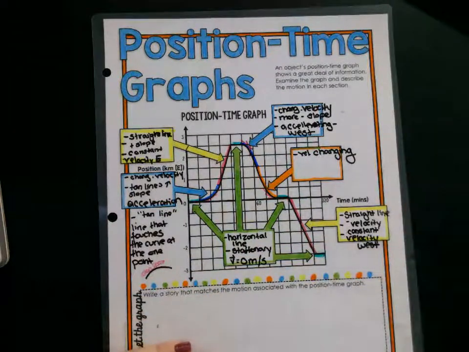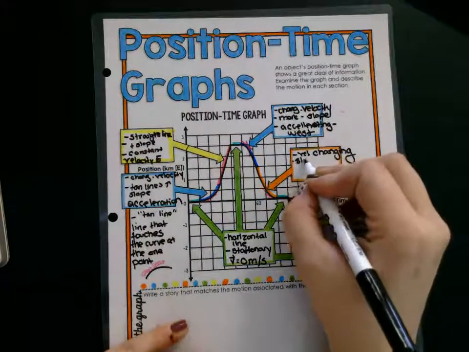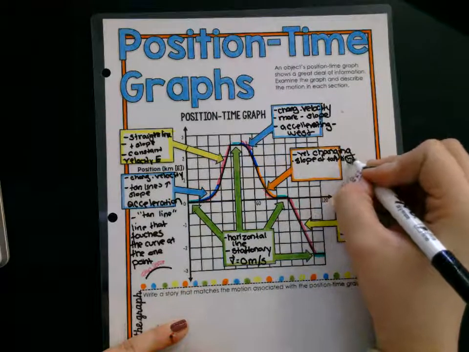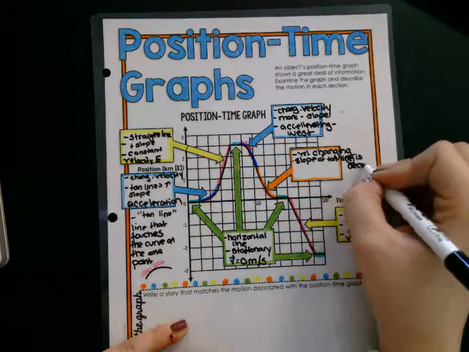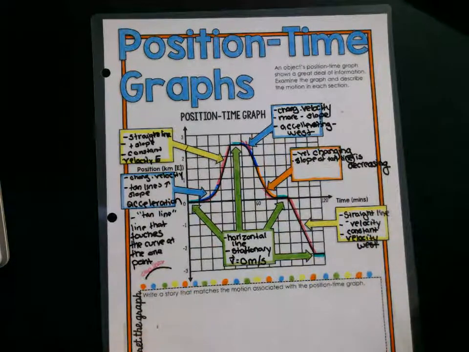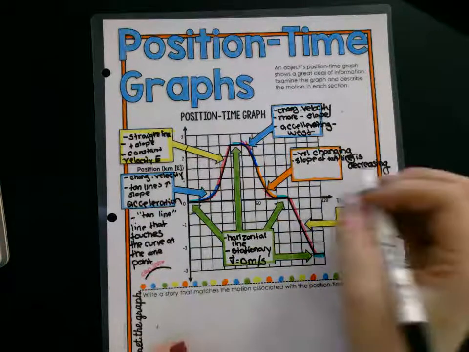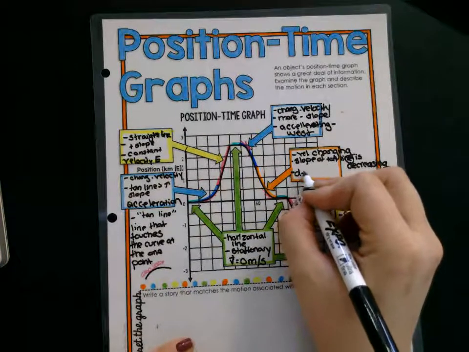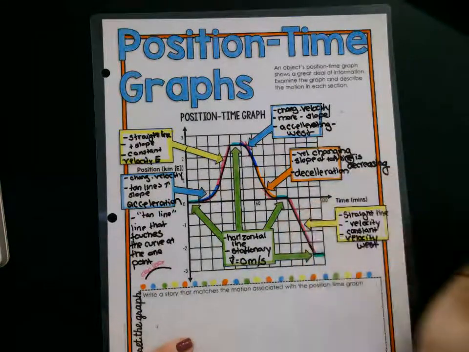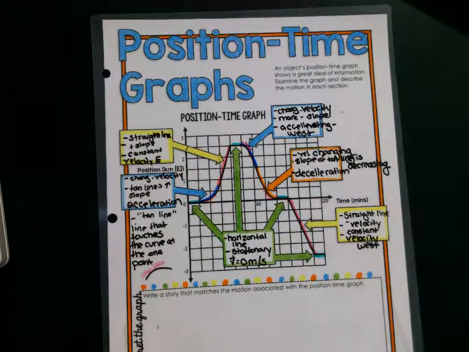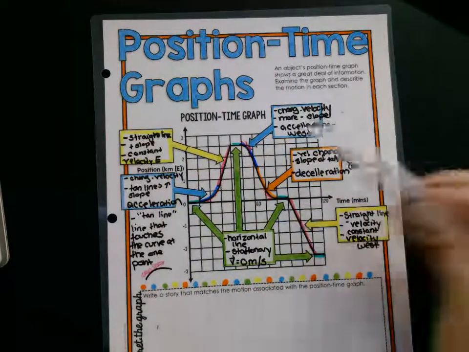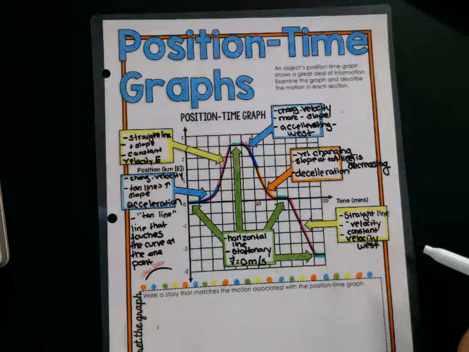So the slope of the tangent line is decreasing. So because the slope of the tangent line is decreasing, this is when we decelerate or slow down. All right, so now it looks like we have labeled all of the parts of the graph. What's going on in every little part of the graph, we have labeled.